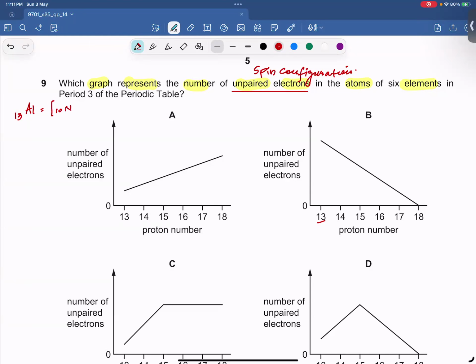So the short form of electronic configuration, neon is 10. This is 3s2. And this is 3p1. Then we have 14. 14 is the atomic number of silicon. Let's write the short form of electronic configuration. So neon has 10 electrons, 3s2.